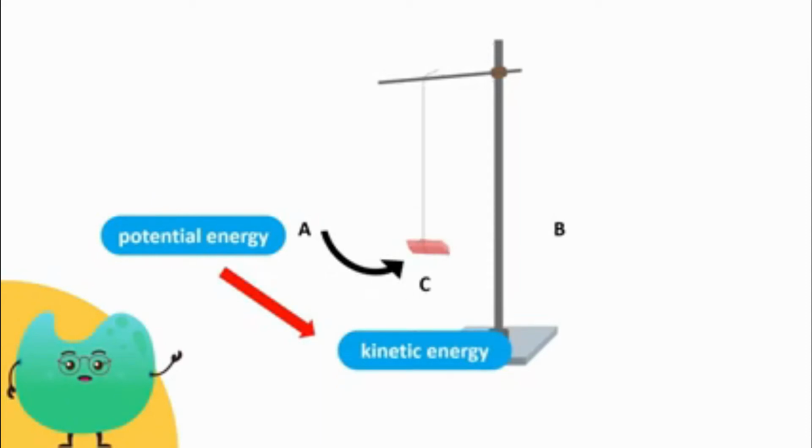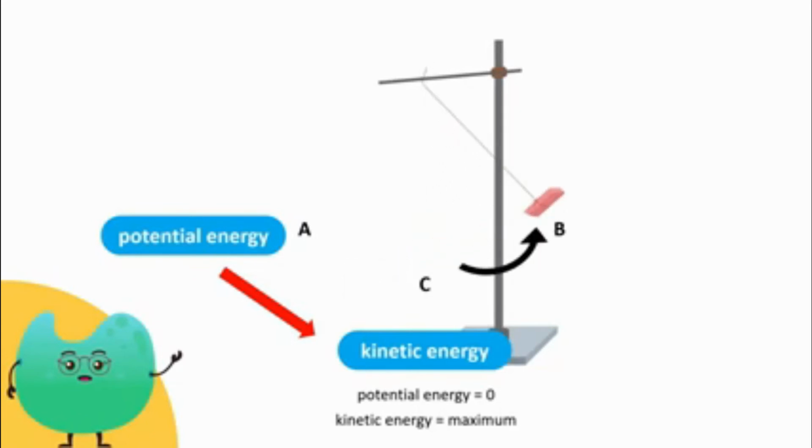When the eraser reaches point C, all the potential energy stored in it changes into kinetic energy and its potential energy becomes zero. Therefore, the kinetic energy is maximum at this point and the eraser is moving at its greatest speed. Due to this kinetic energy, the eraser continues moving forward.